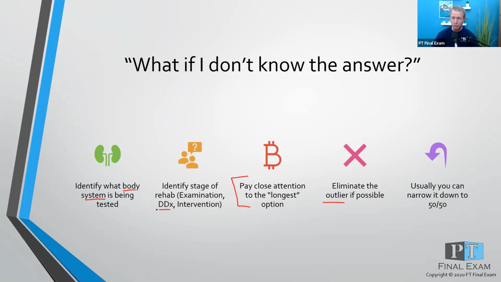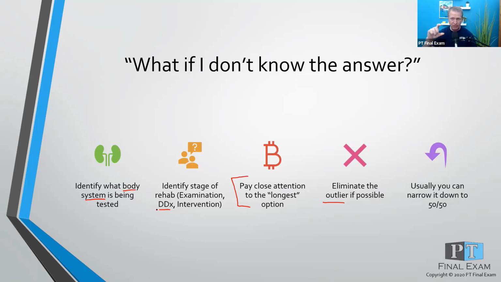And then the other thing you can do is look for options that are extremely similar. So for instance, let's say one of the options is that they have decreased bone mineral density, and one of the options is that they have vertebral fractures, and one of them is they develop stress fractures. You're like, okay, those are very, very similar to one another.